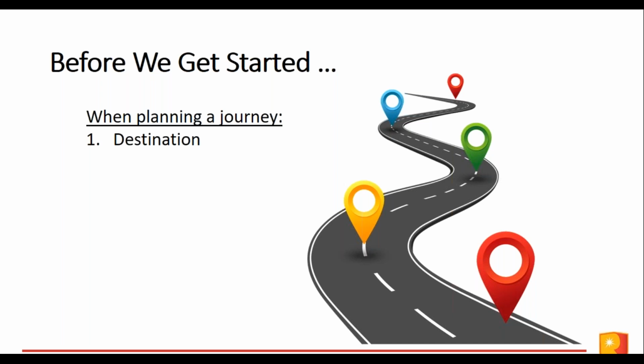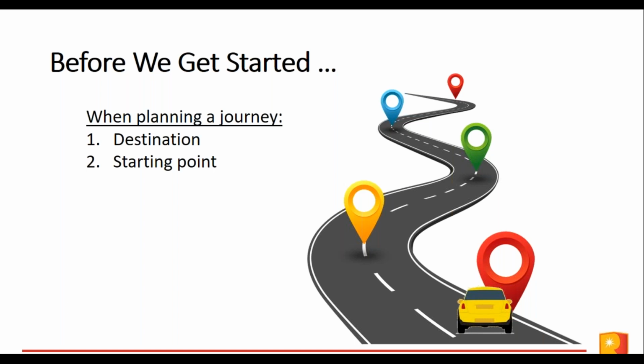Just like with any journey, we need to think about a couple of things before we start planning. The first thing is, where do we want to go? Let's say you're taking a trip and you put your destination in your GPS. We need to have that picture in mind. The other thing we need is the starting point. You need an honest view of where you're at and what you might want to adapt and change.